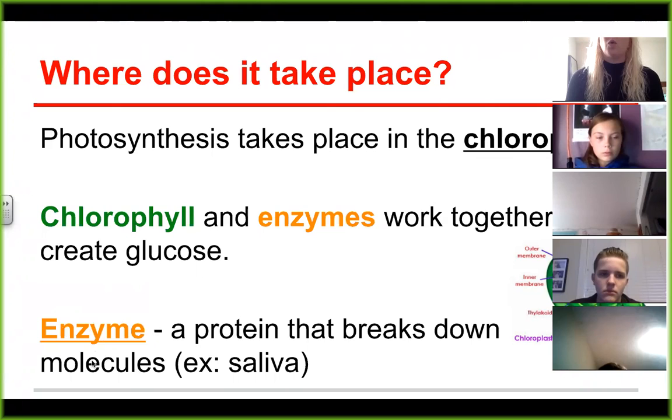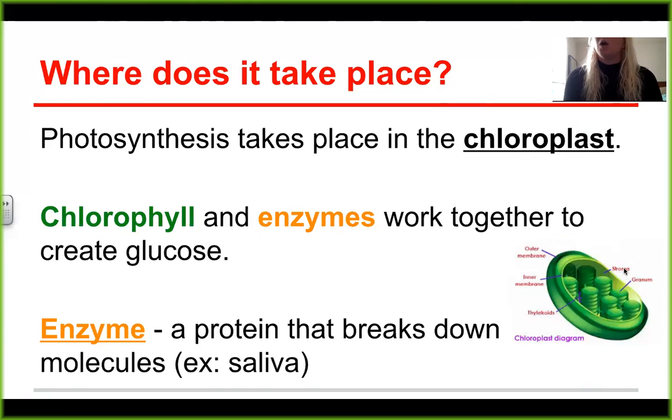As a reminder, or if you're not sure about this, an enzyme is a protein, right? And they break down or build molecules. So one example is your saliva, right? When you start chewing in your mouth, your saliva actually starts breaking down sugars in your mouth. Okay, so we also see a picture here of what the chloroplast looks like and all the different parts of the chloroplast.